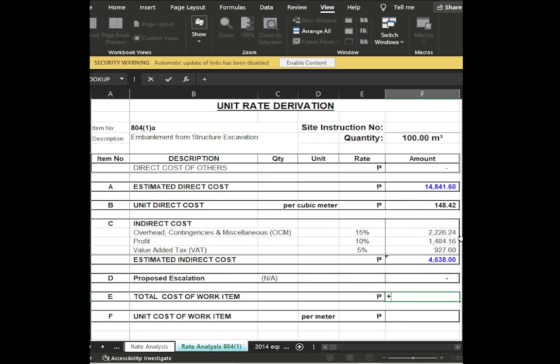So our total work item is only, if we have escalation, we will add that one. Then the estimated direct cost and then the indirect cost, direct and indirect.